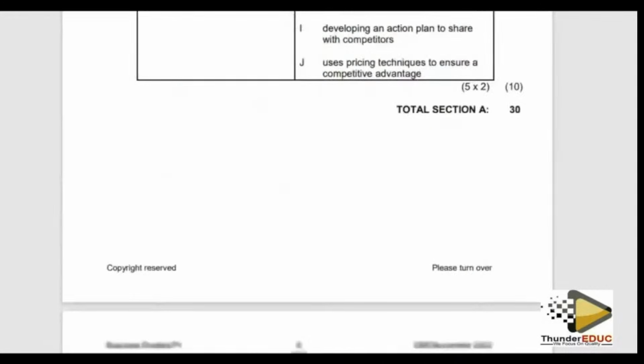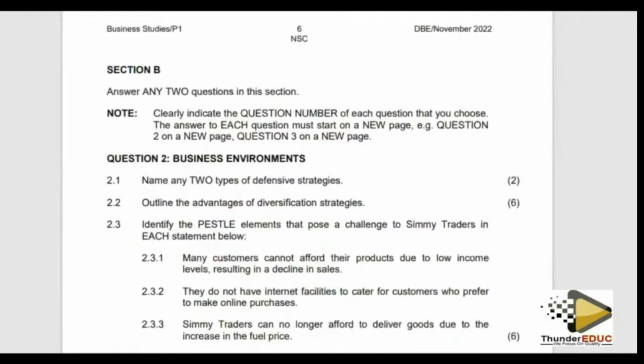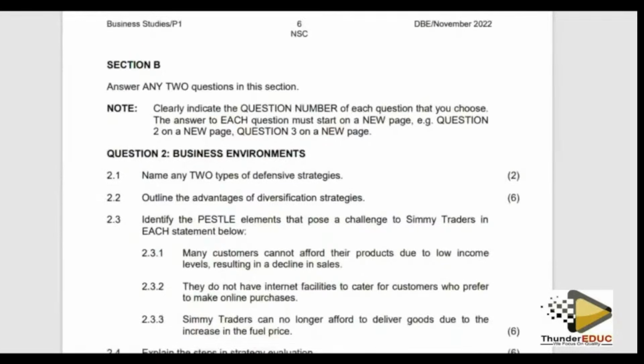Okay, so now we are in section B. Remember, I did some scrutiny on section B, and I said that in most cases you are given 3 questions, and the expectation here is to select only 2 questions.